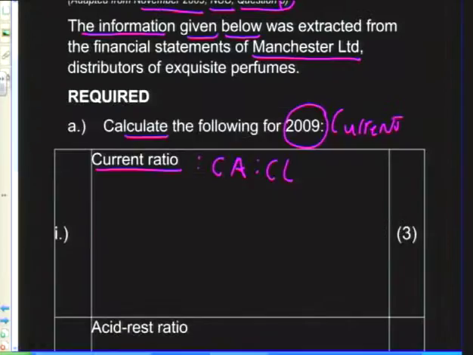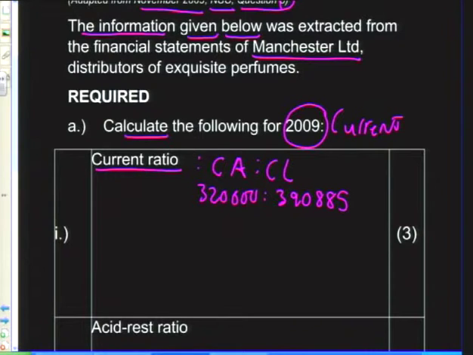So let's fill that in. So my current assets was an amount of 320,000, and your current liabilities was a total of 390,885. Okay.